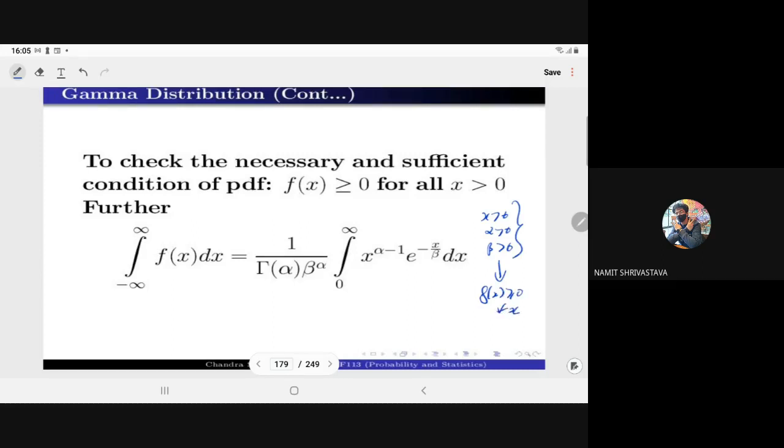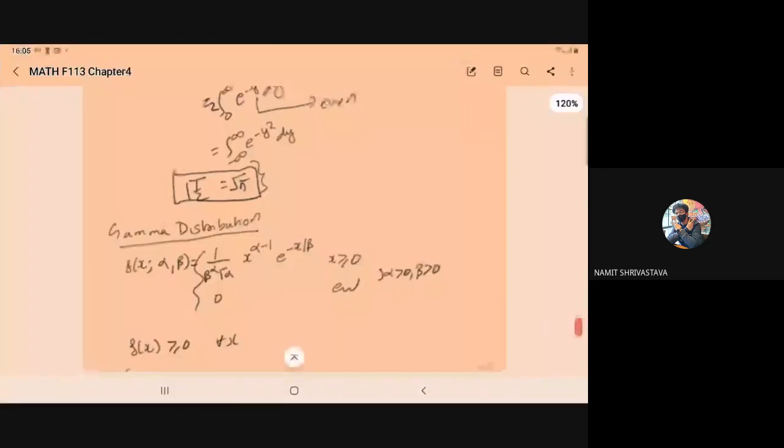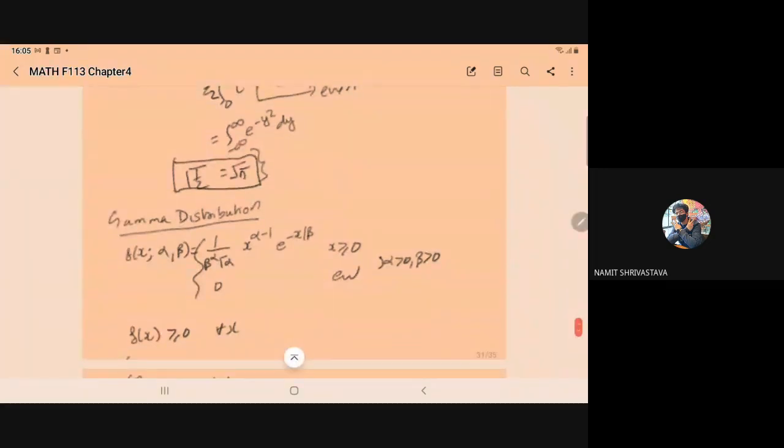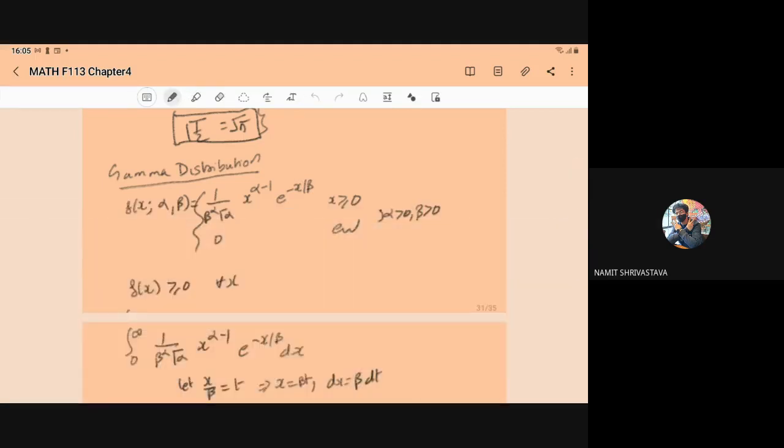Then after, we have to prove whether its integration over the whole limit will be 1 or not. Here we have considered the gamma distribution f(x) with parameters alpha and beta.